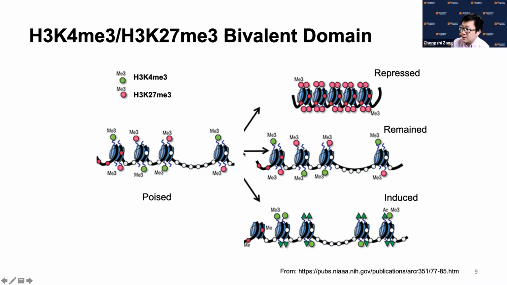Of course, they can still remain as bivalent domains by keeping both K4 and K27 trimethylations. And the most interesting group is that they can be induced with the H3K27 trimethylation gone, by keeping K4 trimethylation and adding other activating marks, including acetylation, so that these regions of chromatin, or the genes associated with them, can be induced and activated.